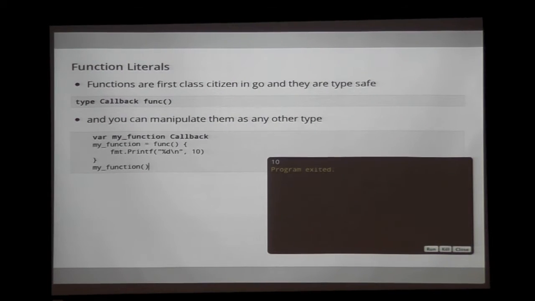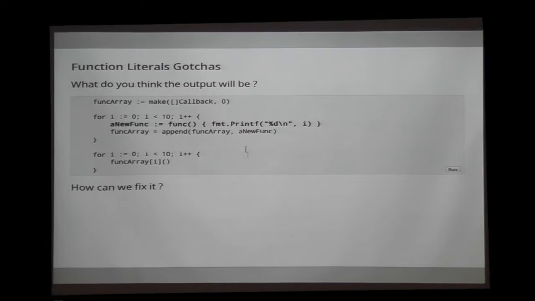Now the nice thing is that you can use the scope of the outer function inside the inner function. So we can do something like create an array of 10 functions. Ten times we create a function that prints the value.